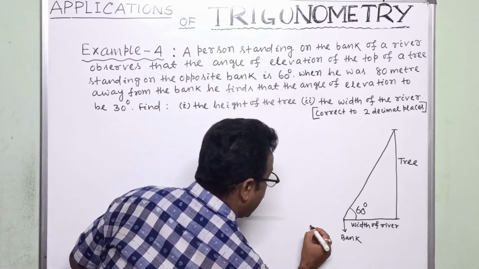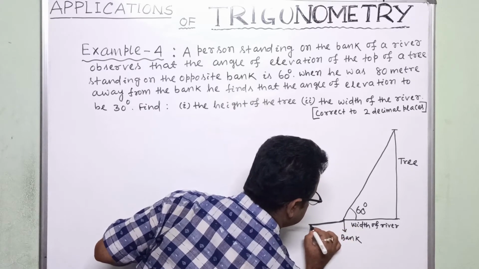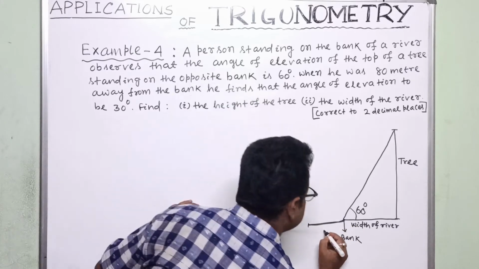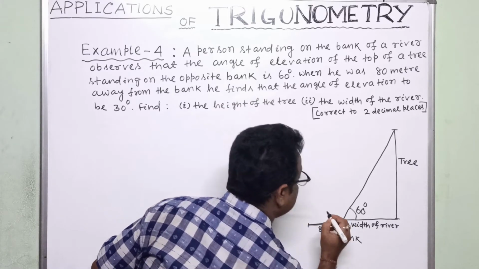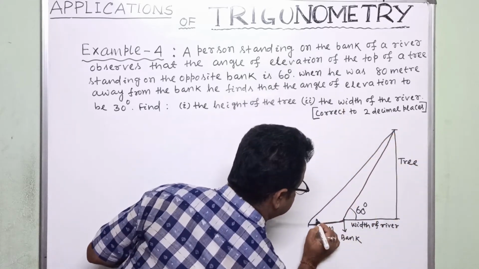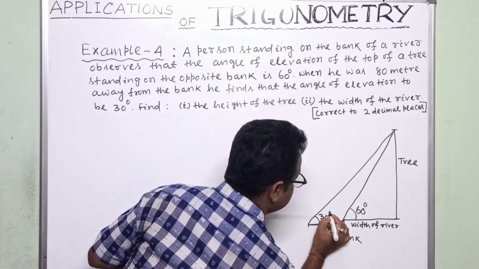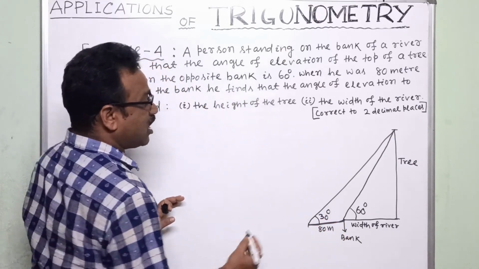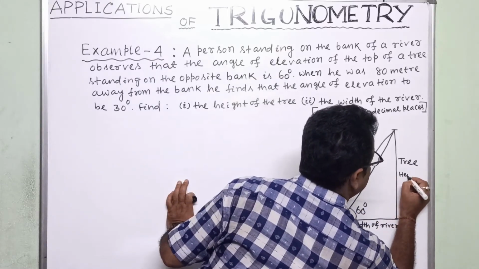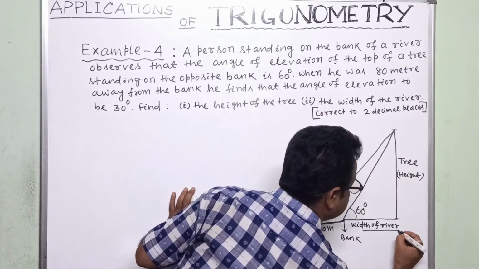Now on moving, how much distance? 80 meters from it. This is the point. This is your 80 meter. The angle of elevation is found to be how much? 30 degree. Now this is the height of the tree. This is your width of the river.